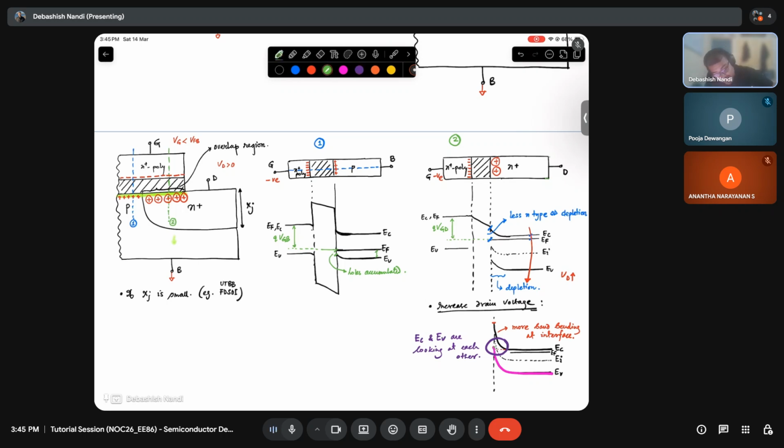The carriers, or the electrons, here will tunnel through this region and reach the EC on the right-hand side, right? This is your depletion region.